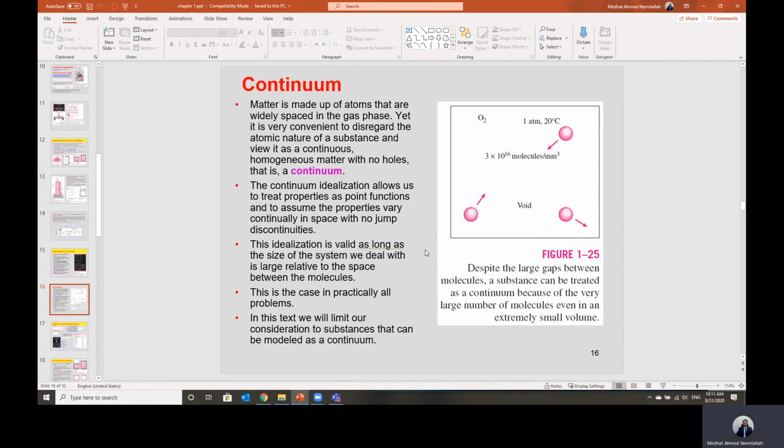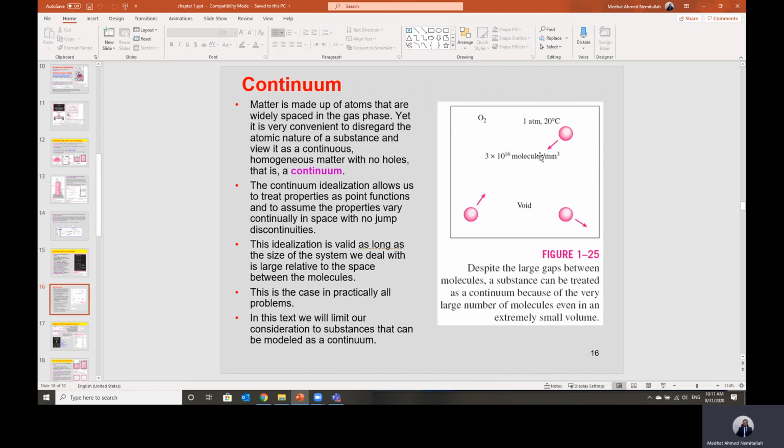Okay. To study any system, this system has to represent a continuum. Continuum means what? Continuum means a homogeneous matter without any holes or any singular point within the system. Like if we want to study a gas in a tank or something, this gas inside the tank should represent a continuum, or homogeneous matter without holes.